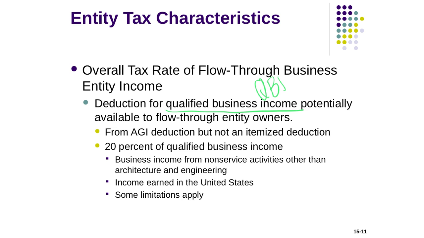So this qualified business income deduction, or QBI, was created to try to provide an advantage for flow-through entities, so that there was some fairness amongst the flow-through entities versus the corporate entities.